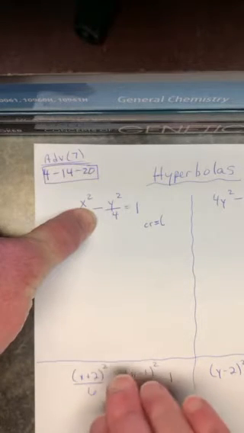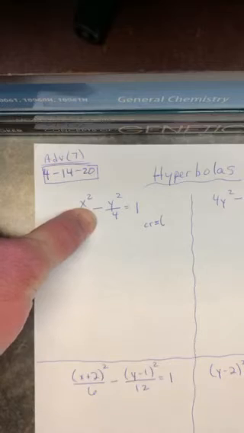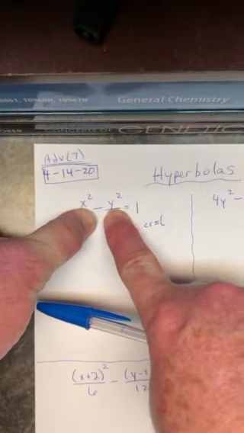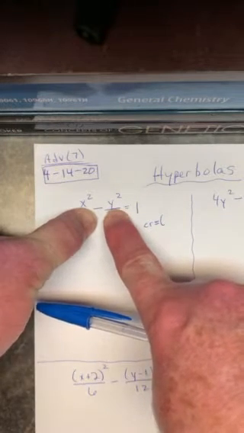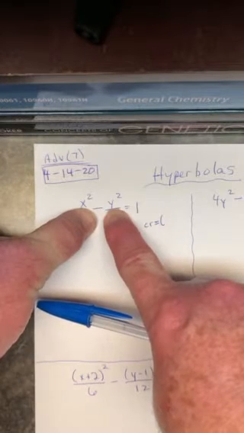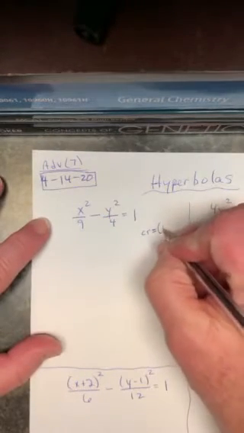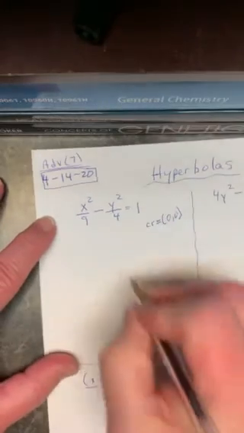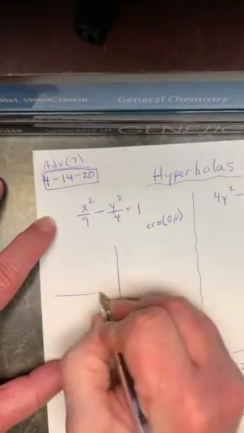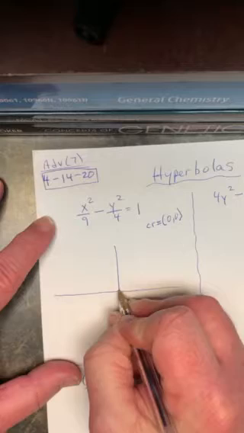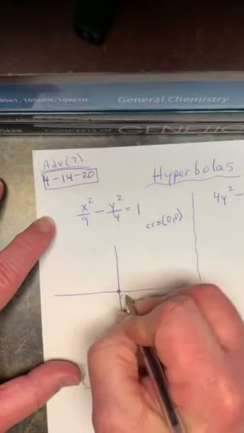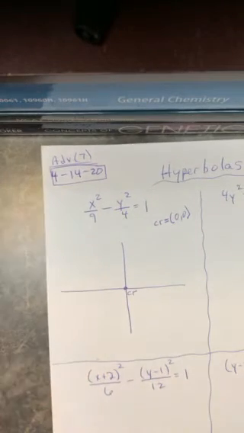So the center is going to be somewhere other than the origin. On this problem, number 1, there's no other numbers involved. It's just good old x squared, good old y squared. So the center, of course, is 0, 0. So I'm going to go to my coordinate system, put a dot on the origin at 0, 0, and label that CR for my center.